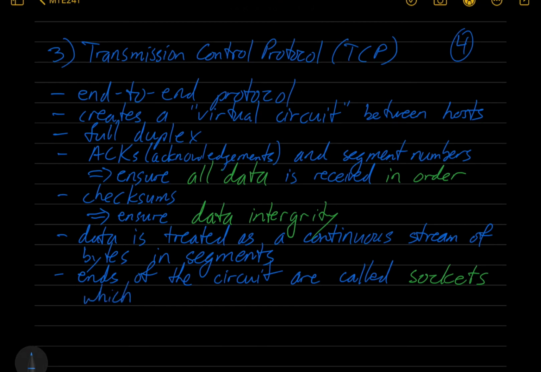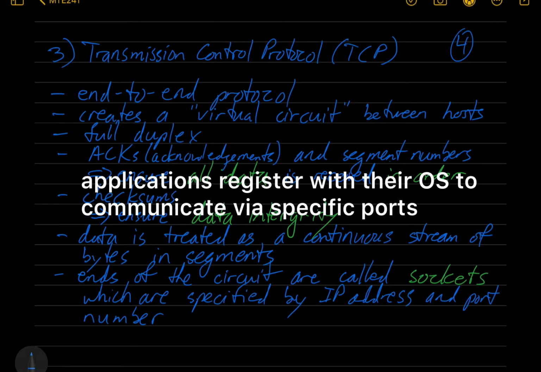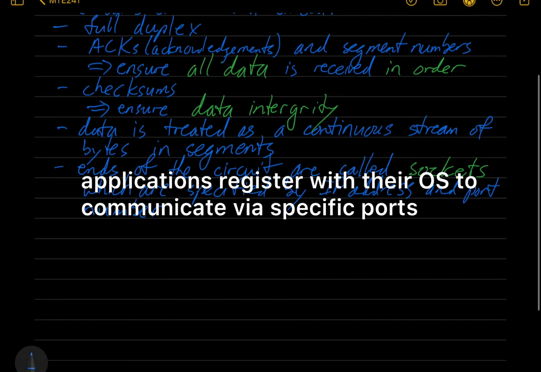Sockets are specified by the IP address and port number. And we haven't talked about ports yet. So if you think of the IP address as being like a building, the port number might be like an apartment number in that building. Okay, so let's just talk about ports a little bit.